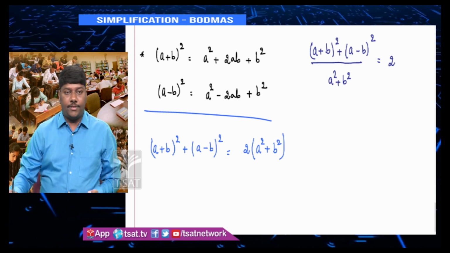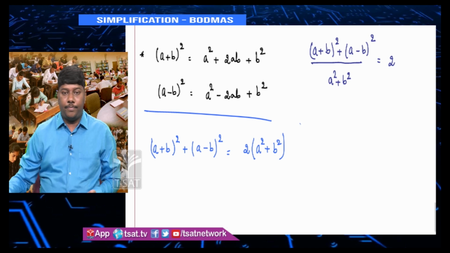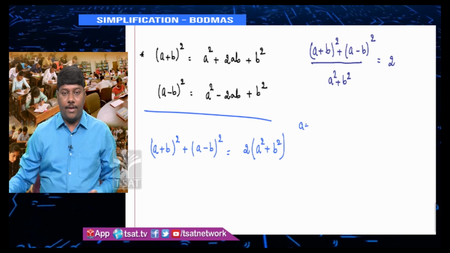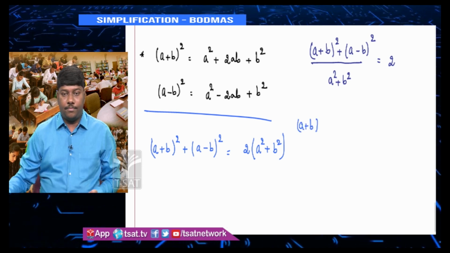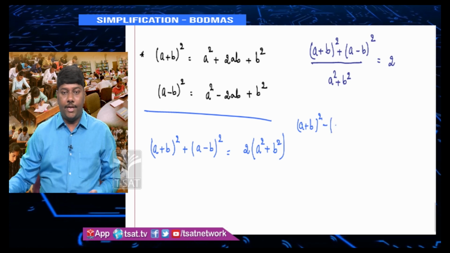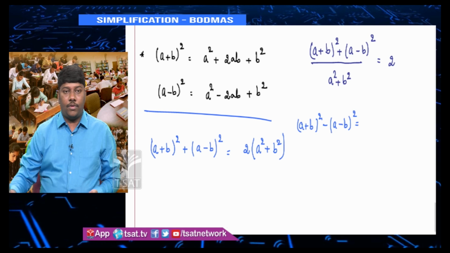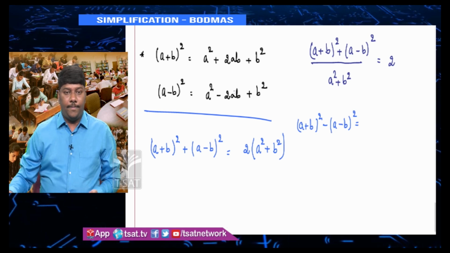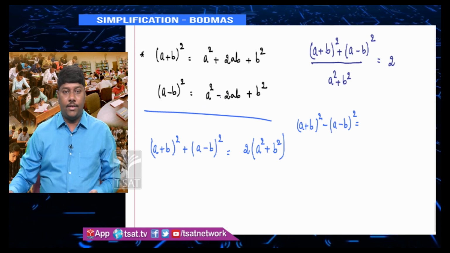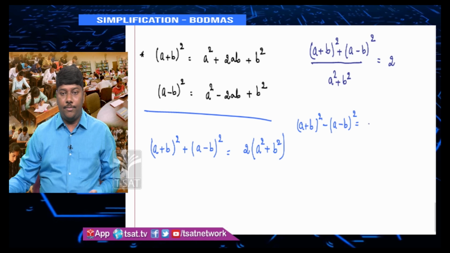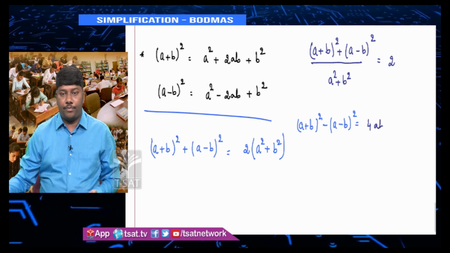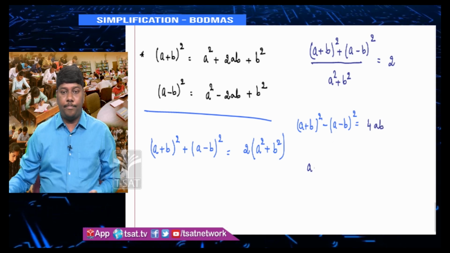Suppose if you do minus, what happens? A plus b whole square minus a minus b whole square. So, only 2ab, then a square b square cancels, then it becomes 2ab plus 2ab, it becomes 4ab. Therefore, what can I write here?